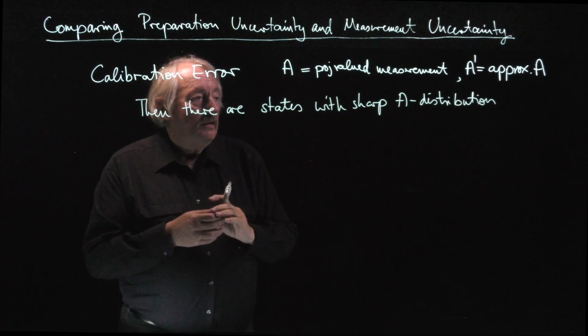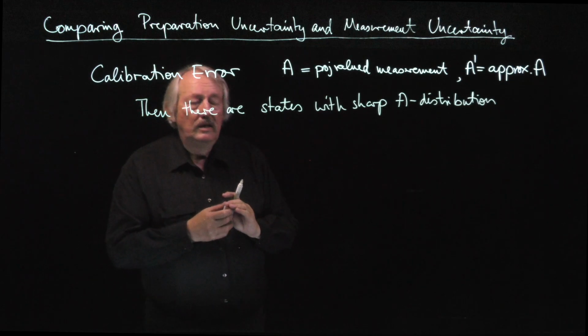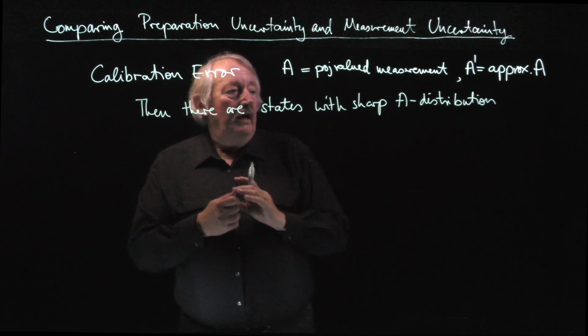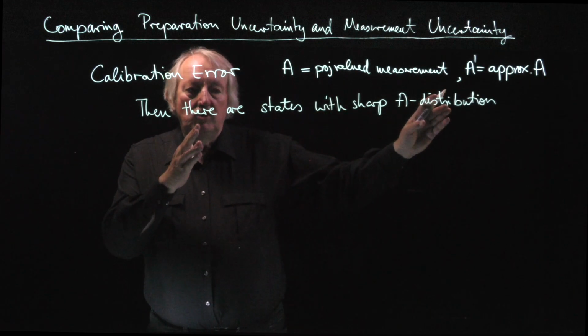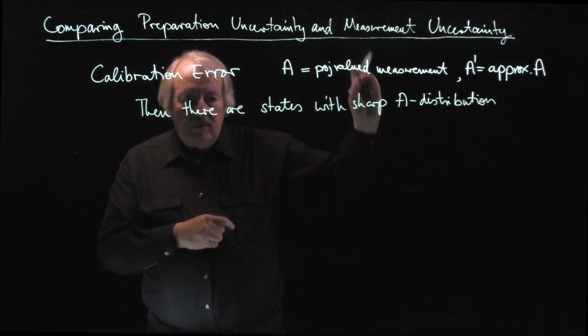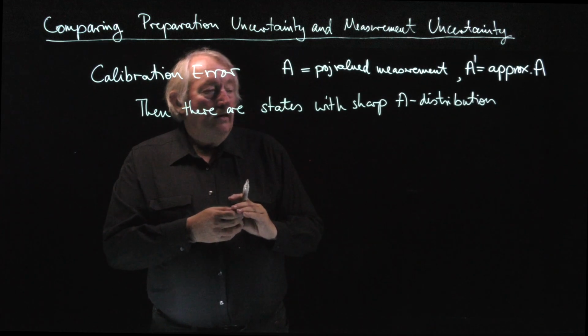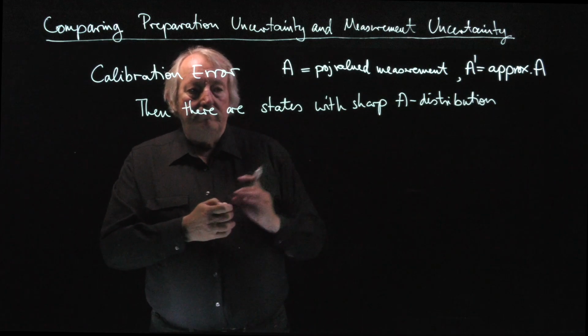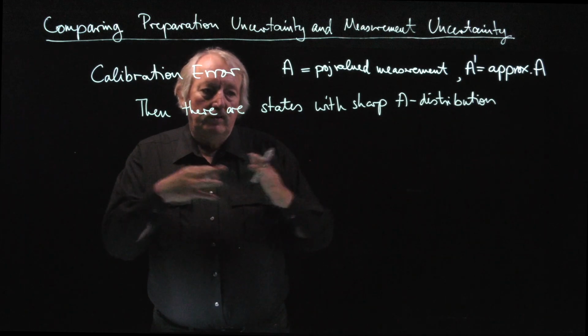I know this has a sharp distribution. There's a particular kind of preparation, and so I know what a good measurement should give, namely that value, right? Because the reference observable gives that every time, or very nearly. Then on those states I test A prime, and then I typically get a distribution which is broader.